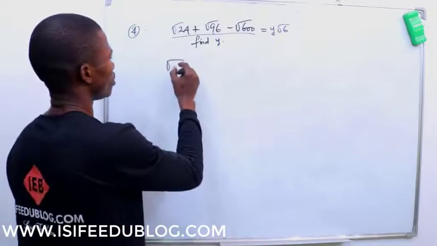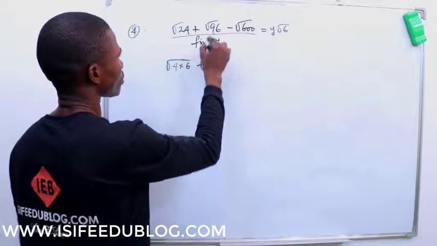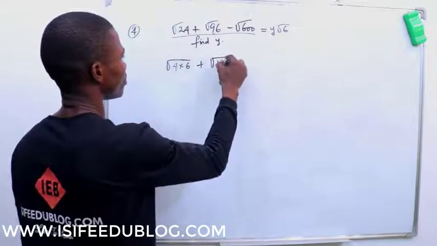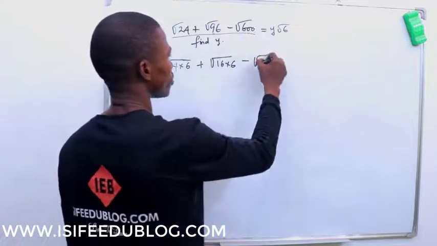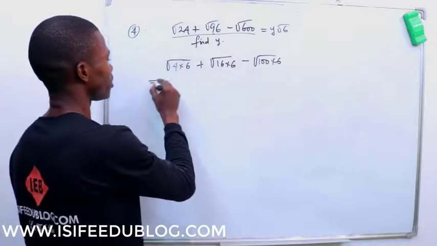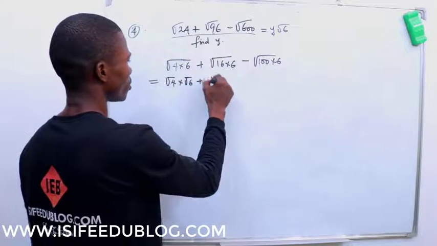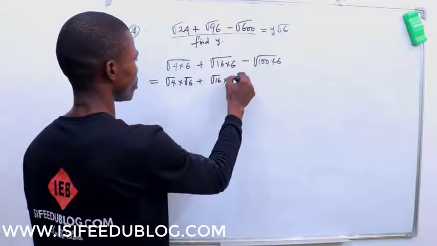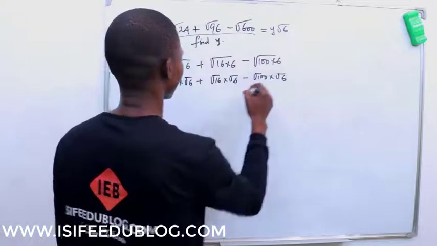So 24 is 4 times 6. Plus, 96 is 16 times 6, minus 600, which is just 100 times 6. So here, this is the same thing as root 4 times root 6 plus root 16 times root 6 minus root 100 times root 6.